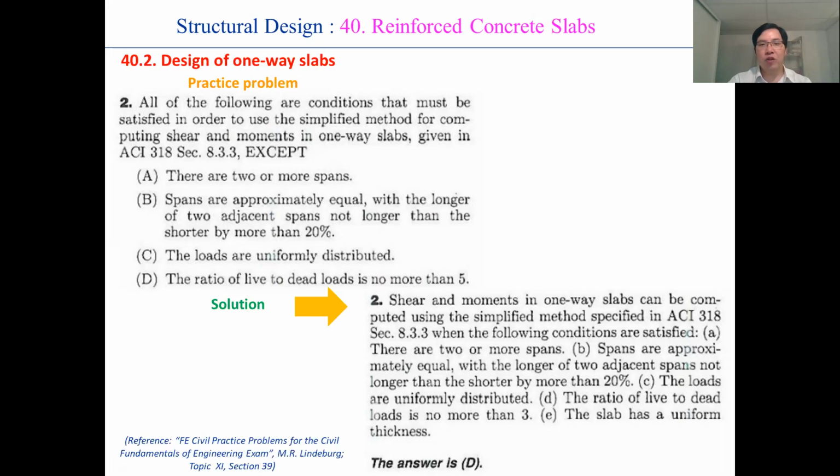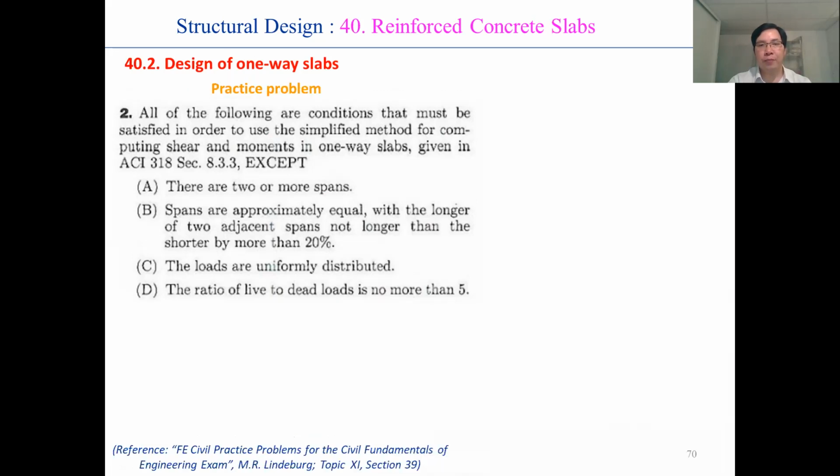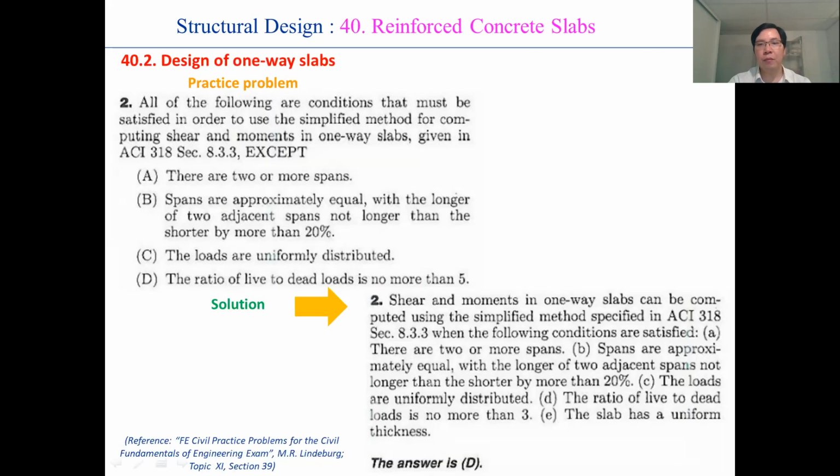And in the section A.33, when the following conditions are satisfied: A, there are two or more spans. B, spans are approximately equal with the longer of two adjacent spans not longer than the shorter by more than 20%.